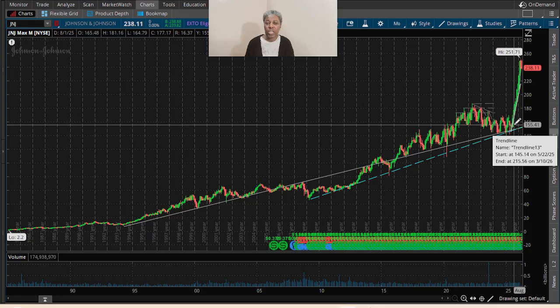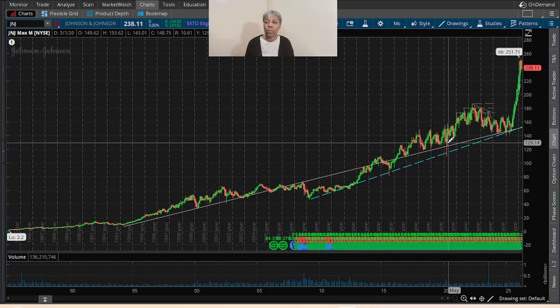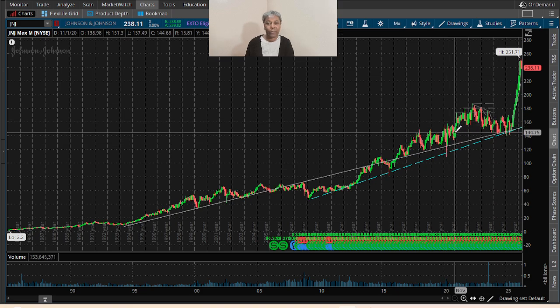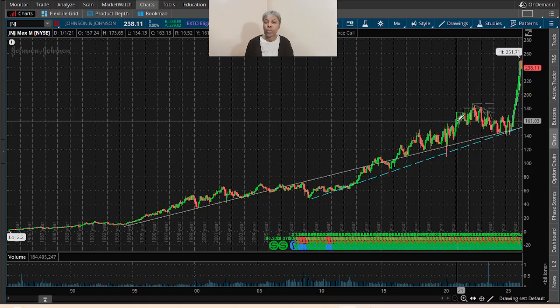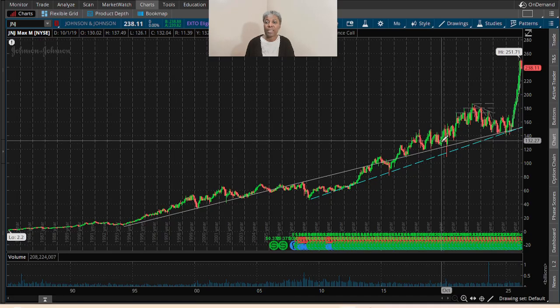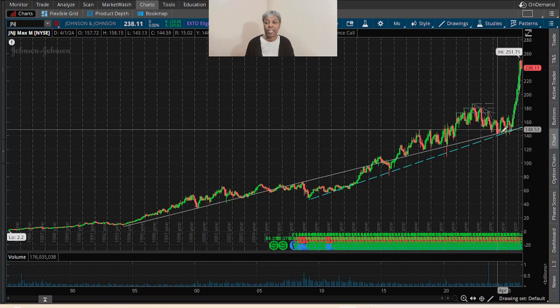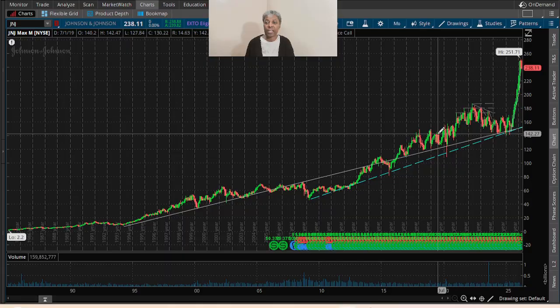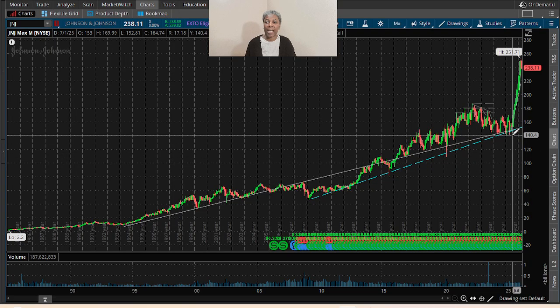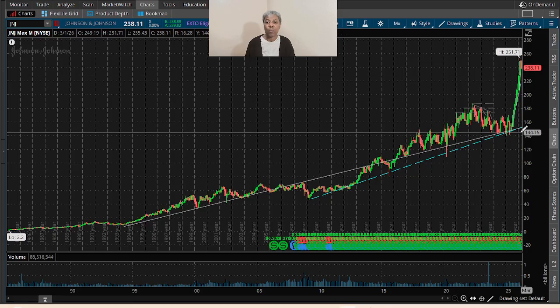I have JNJ, if I recall right, in a personal brokerage account that I purchased some years ago. I don't even know when I purchased it, but it's still positive there. It can be close to 9 years already. I don't know where I purchased it, but for having that stock for that long in the account, you will notice that when it reached this area and I didn't sell it and it pulled back here, I didn't lock in this growth along this valley line because I didn't sell it and it pulled back down.